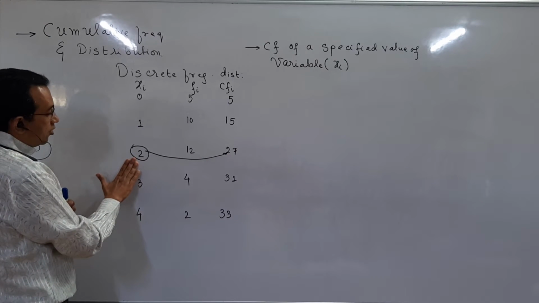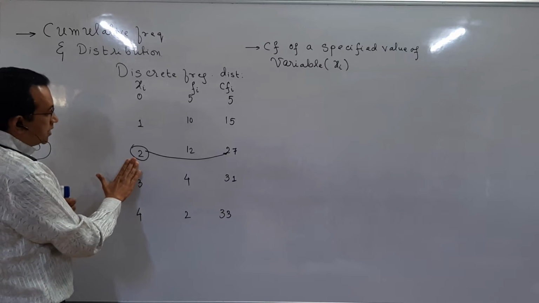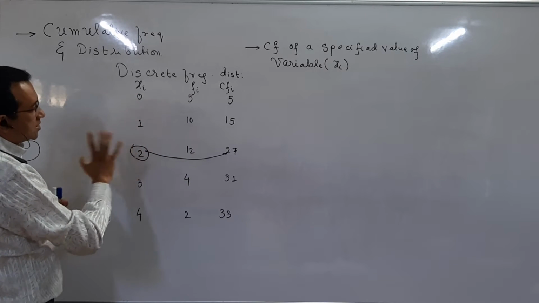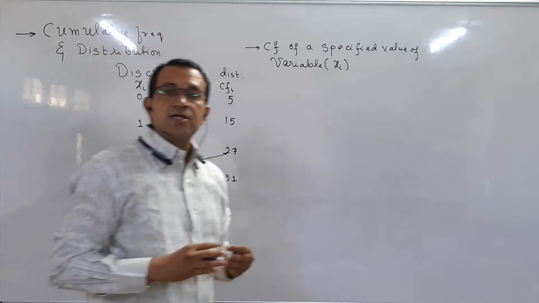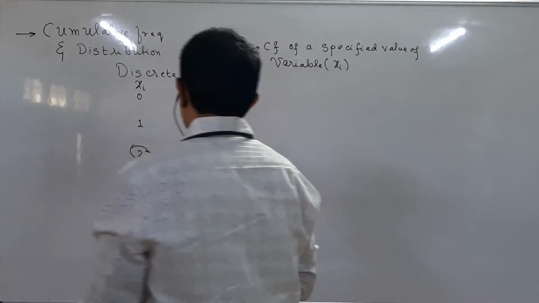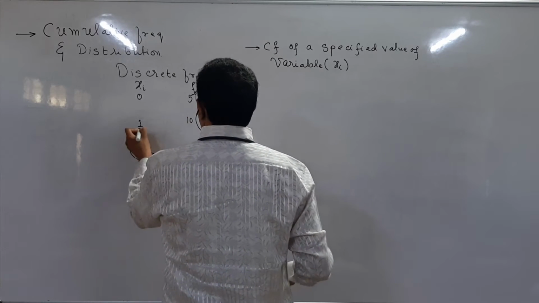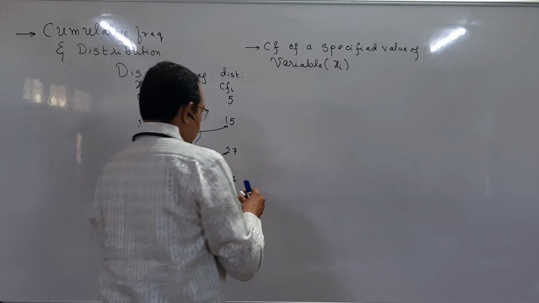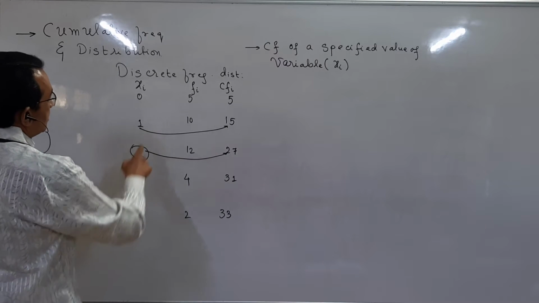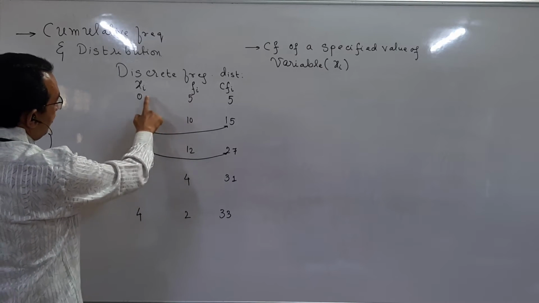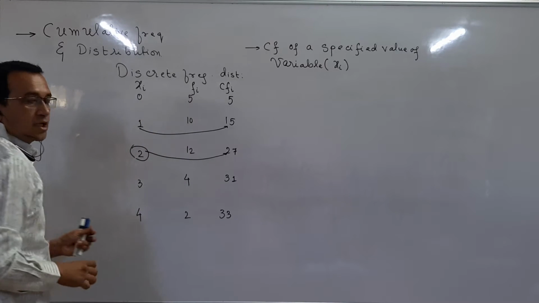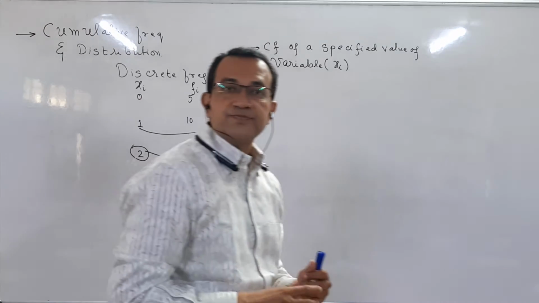Cumulative frequency of 2 is the sum of frequencies of all the values of x which are less than or equal to 2. Same way, cumulative frequency of 1 is, students, how much? Then I can say 15. It is the sum of frequencies of all the values of x which are less than or equal to 1.